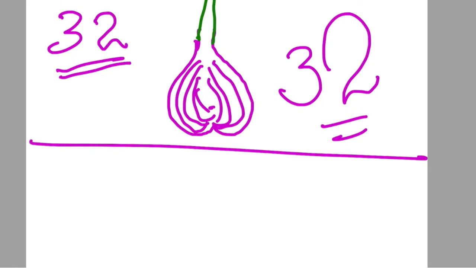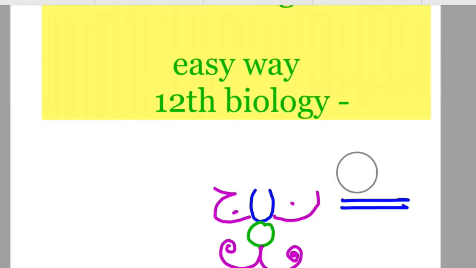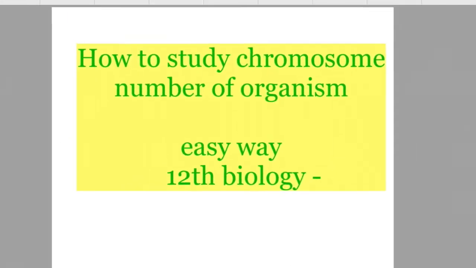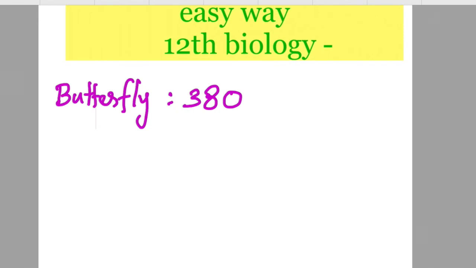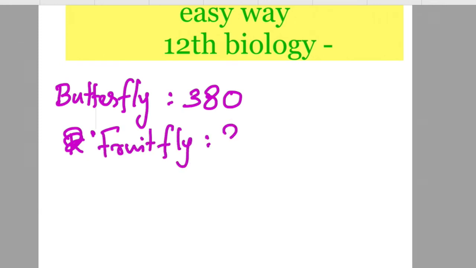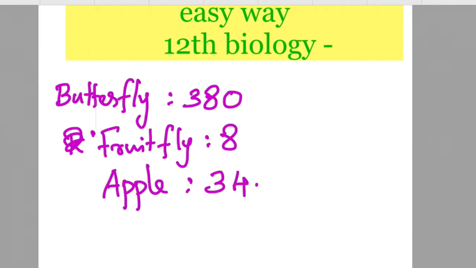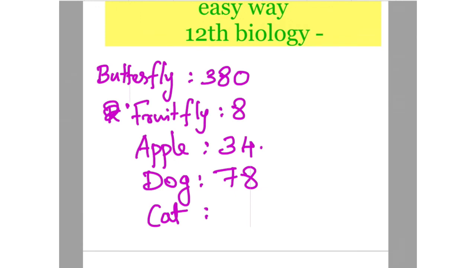So that's all. Now we can conclude this. What we learned, that we can conclude. So butterfly 380, fruit fly 8, apple 34, dog 78, cat 38.